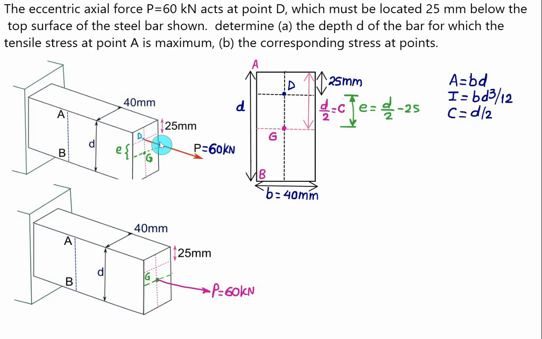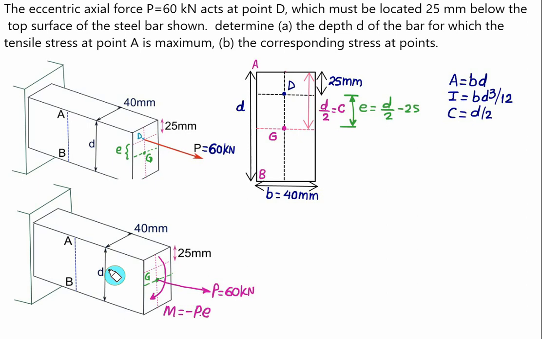About point G this force makes a clockwise moment, which is a case of hogging. So M should be taken as negative: minus of P multiplied by eccentricity E, where E is equal to D by 2 minus 25.